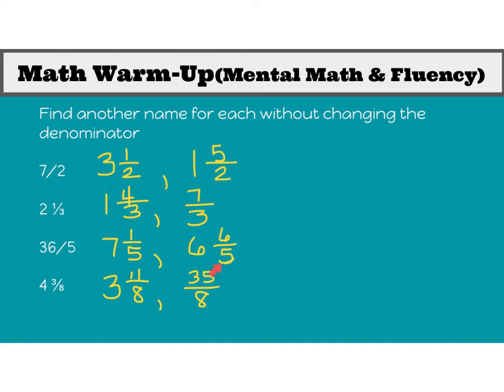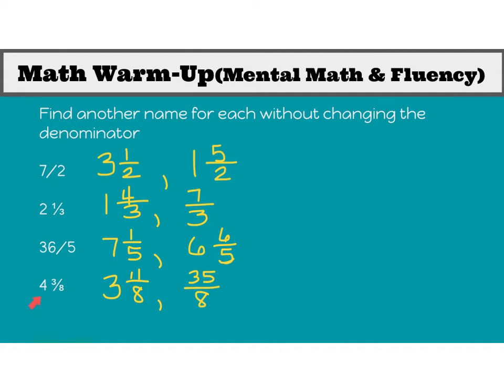We have our 6 times our 5, which is 30, plus 6, 36/5. So that was our original fraction to start with. So that one works. If we take 7 times 5 is 35, plus 1 is 36/5. Again, that one checks out.